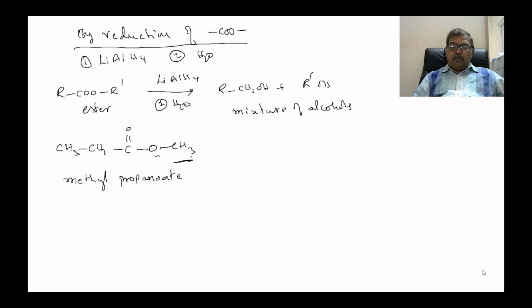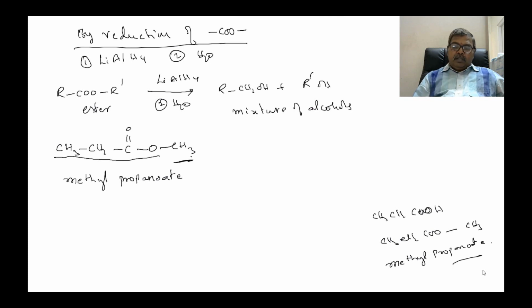This is the methyl group, this is propanoate. CH3CH2COOH is propanoic acid, and CH3CH2COO is propanoate. To this propanoate, a methyl group is bonded. Therefore, it is methyl propanoate.